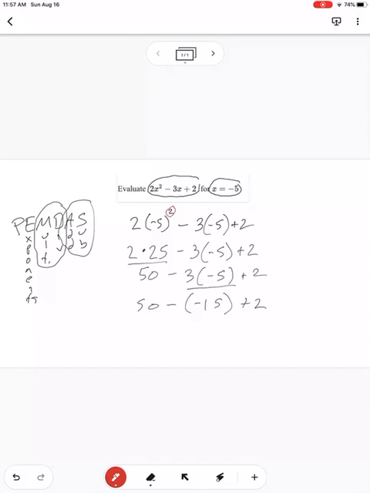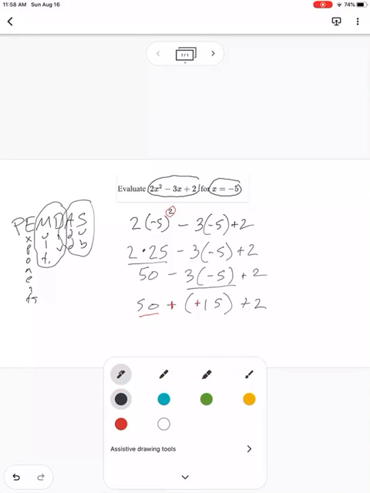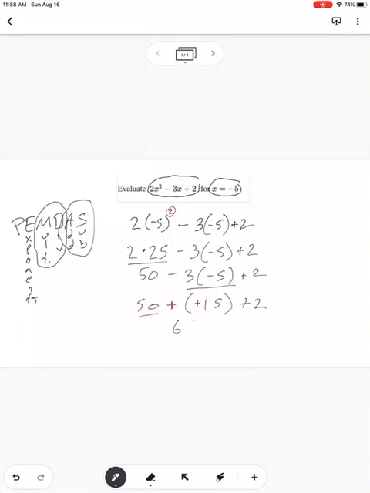So if that's the case, we're going to keep the 50, change, and flip. So really that 50 minus -15 becomes a 50 plus a positive 15. And that is 65 plus 2. So we should get 67.